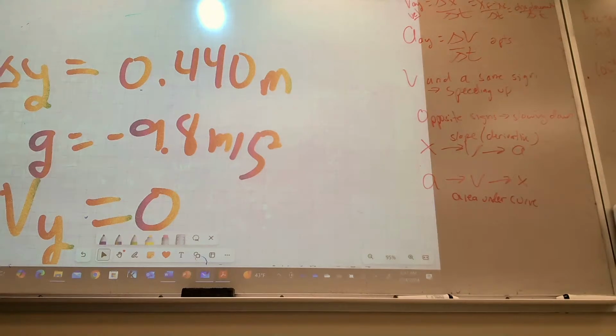What equation should we use? Is it changing y, just changing distance? Yes. What equation should we use? V squared. You don't know time, use the V squared equation.